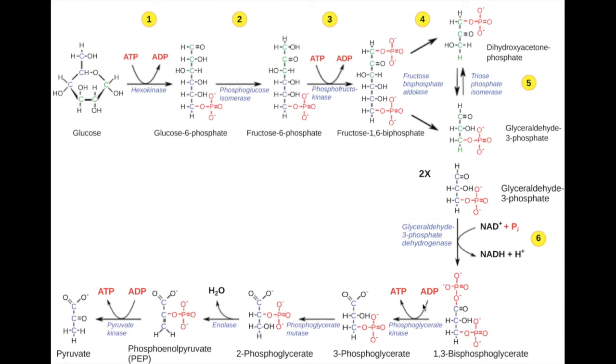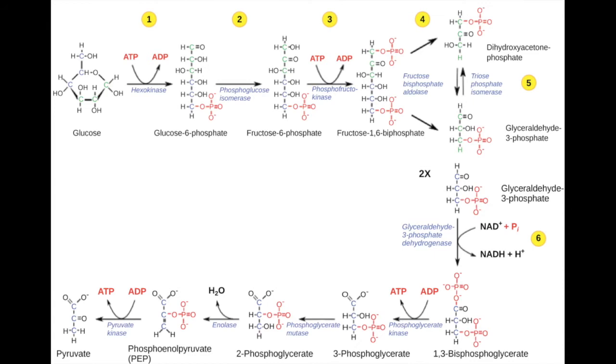The third enzyme, phosphofructokinase, PFK, is an allosteric enzyme. That means it can be inhibited by something, that a substance can get to it and not allow it to do its job. What is this substance? ATP. So PFK can be inhibited by ATP.